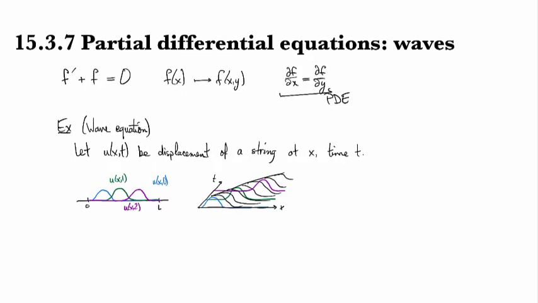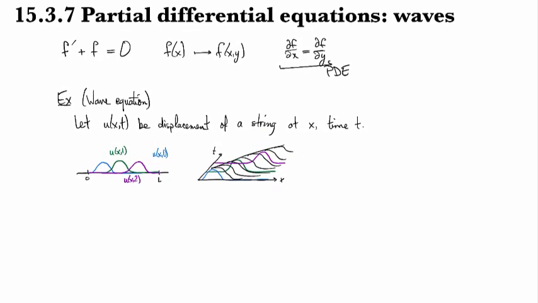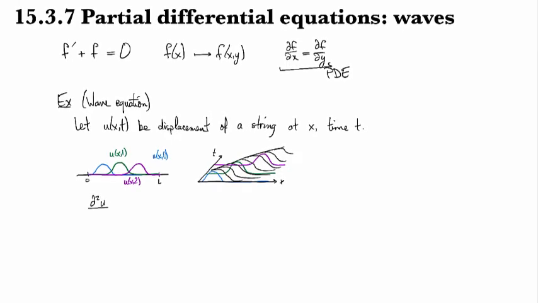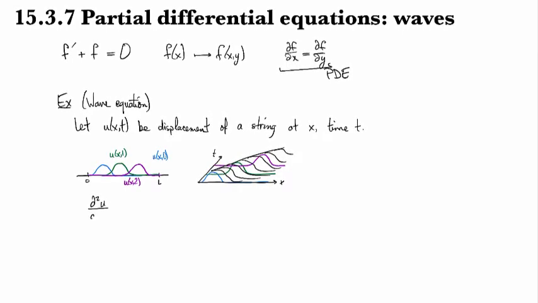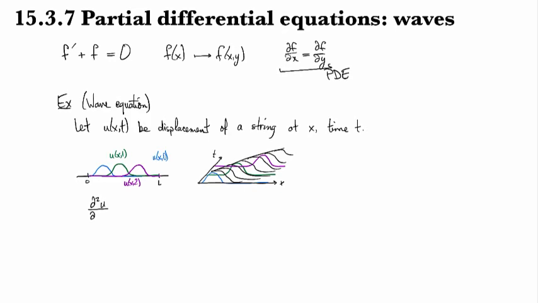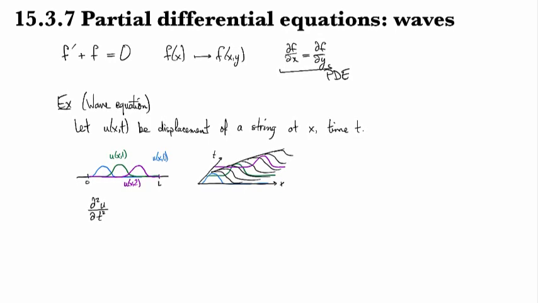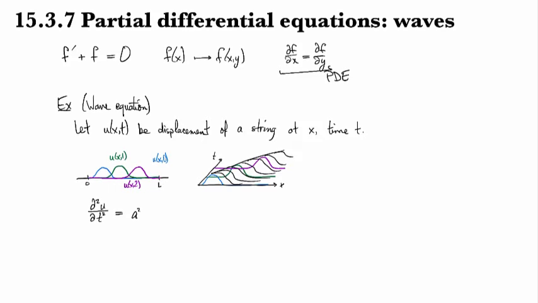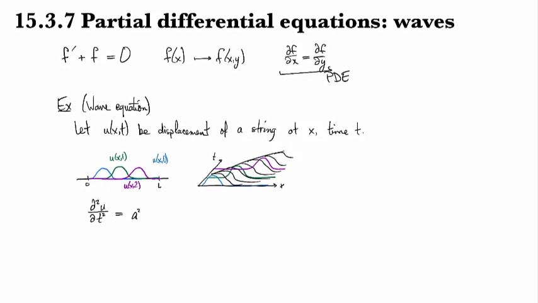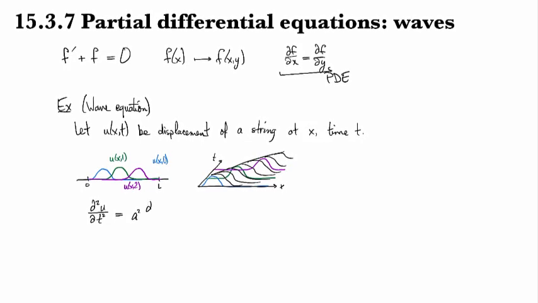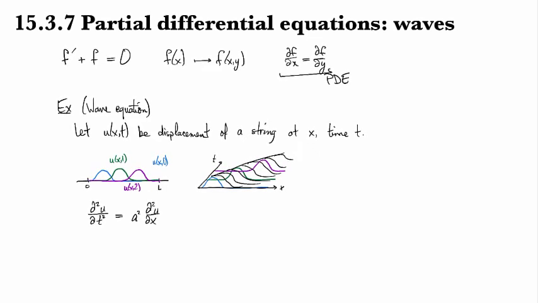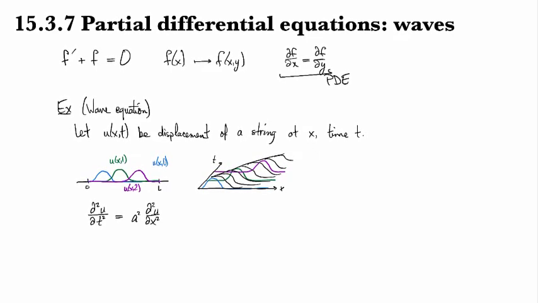Right now, we're not going to worry about the particulars or how this is derived. I'm just going to tell you that this u, for physical reasons, has to satisfy that the second derivative of u with respect to time is equal to some positive constant, which I'll call a squared, times the second derivative of u with respect to the spatial variable x.